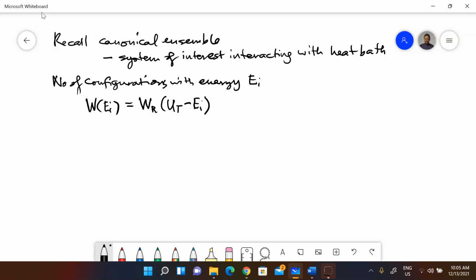So that when this energy adds up with E_i, it will just give you the total energy. So this is from the previous discussion, and in this particular case, the heat bath gives the temperature dependence onto your number of configurations. Let me just write that down.